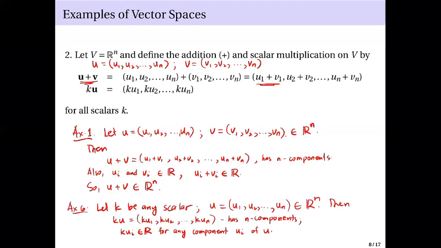So ku is also in Rn. And that's the closure for scalar multiplication.